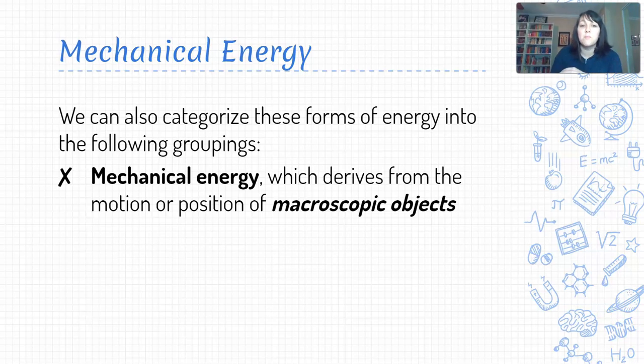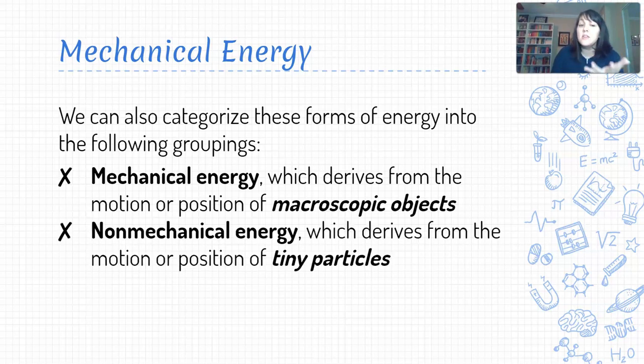Mechanical forms of energy focus on macroscopic objects, and have to do with the motion or the position of objects that we can actually see with our own eyes. The non-mechanical energy would be forms of energy that derive from the motion or position of teeny particles that we're not able to see.